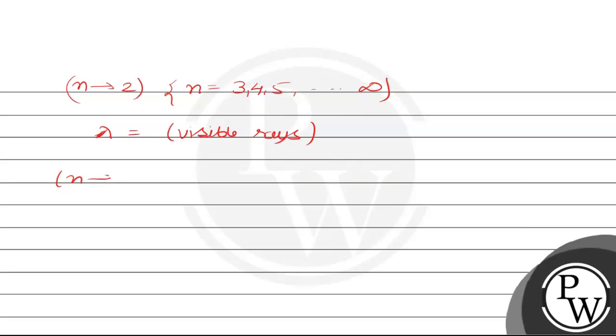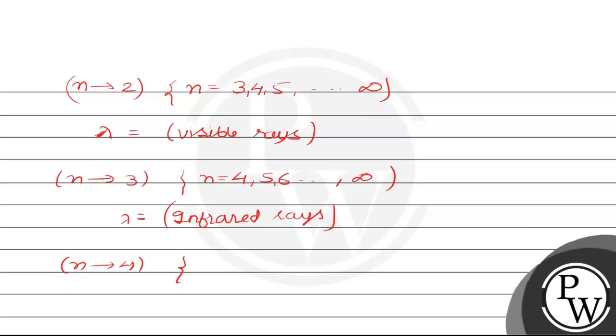Same we can write for higher to third, where n equals fourth, fifth, sixth, or any energy level up to infinity, the lambda will come out to be of the order of infrared rays. For higher to fourth energy level, where n can be fifth, sixth, seventh, up to infinity, the lambda comes out to be of the order of infrared rays.